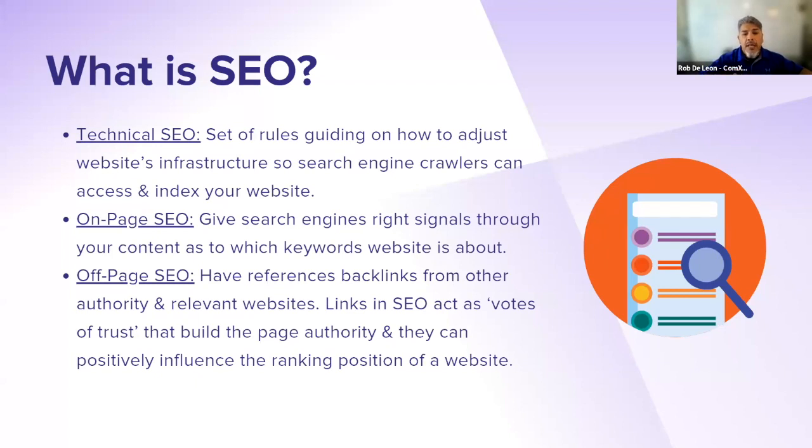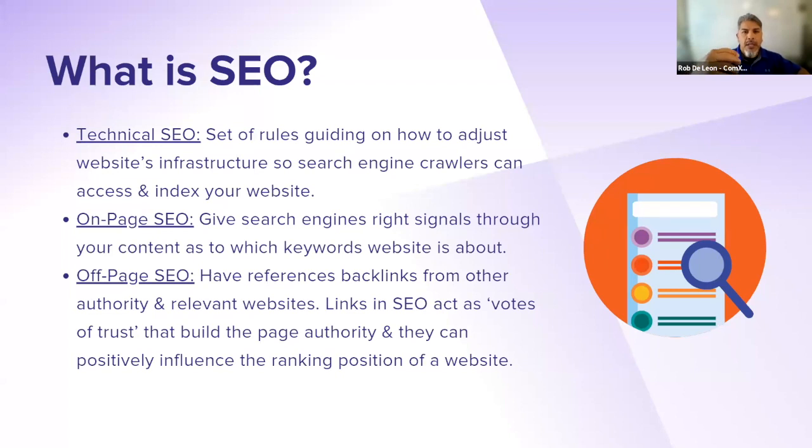Off-page SEO, basically the way we defined it, is having backlinks from other authority and relevant websites back to our website, right? Links in SEO act as votes of trust. So Google sees how many votes of trust you have, and that's how we build page authority.